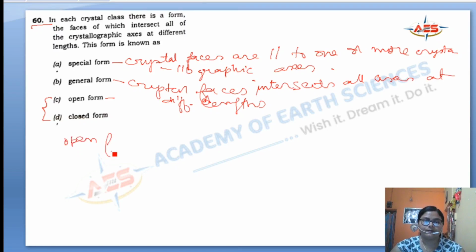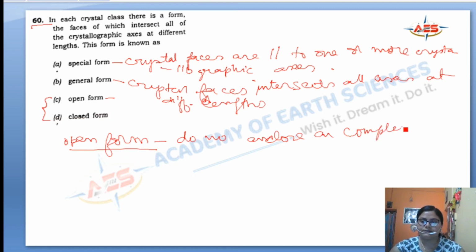Okay, in the case of closed and open forms, now see, an open form occurs when the crystal faces do not enclose a complete space between them. And as the crystal faces are not enclosing a complete space, they will not intersect all the crystallographic axes.